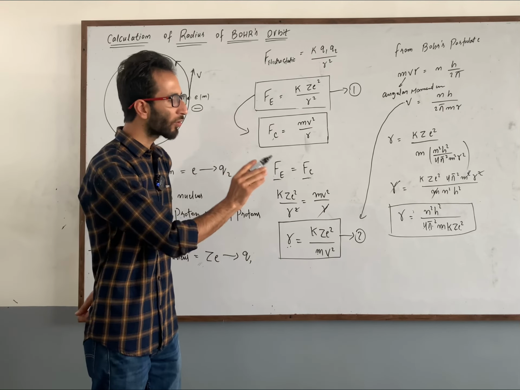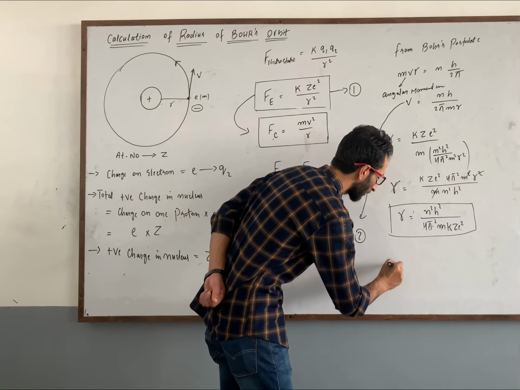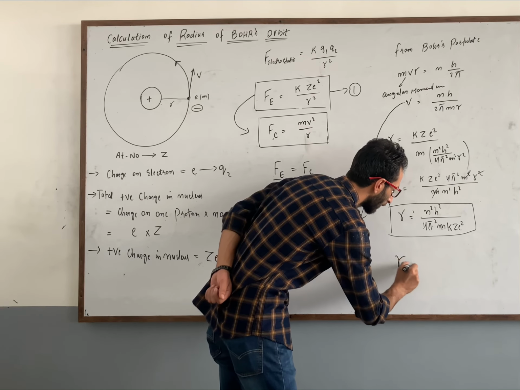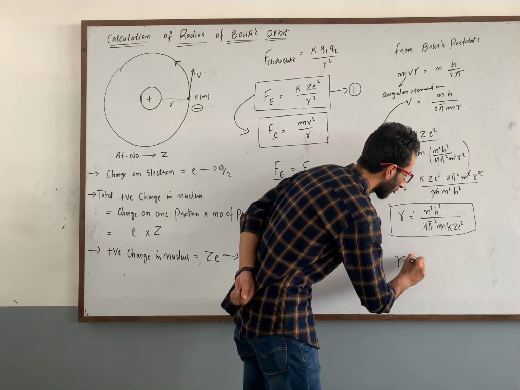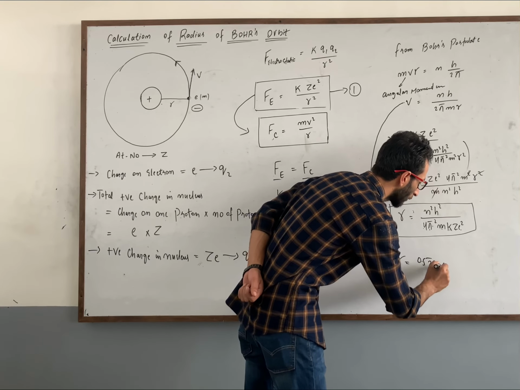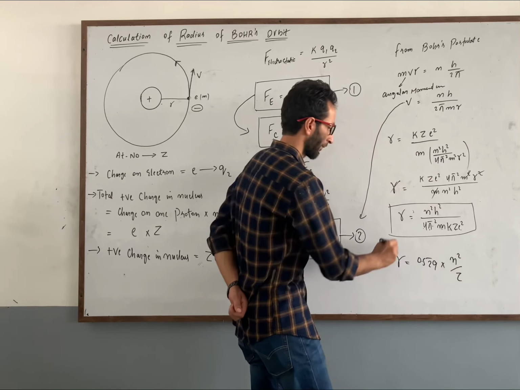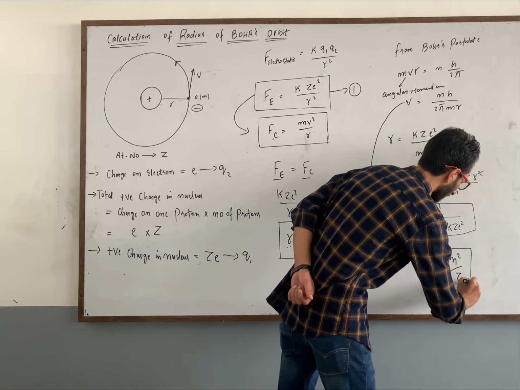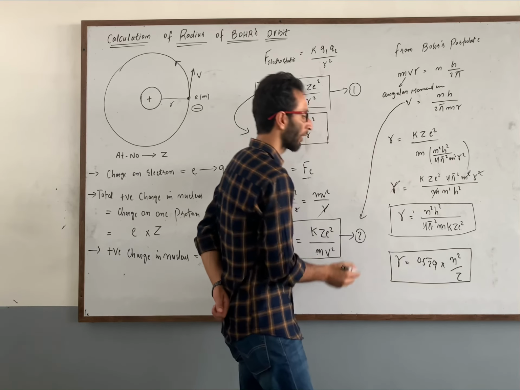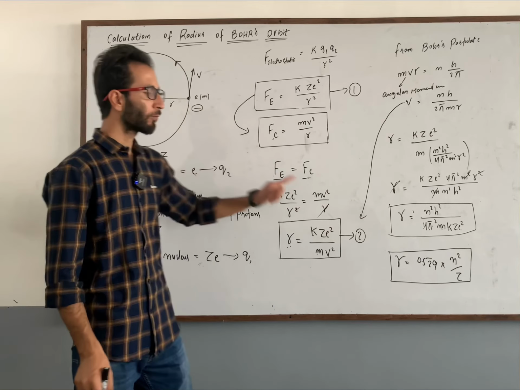By using the values of all constants, we can determine the final expression for r, that is 0.529 times n square divided by Z. This is the simplest form of the expression for r from which we can calculate the radius of Bohr's orbit.